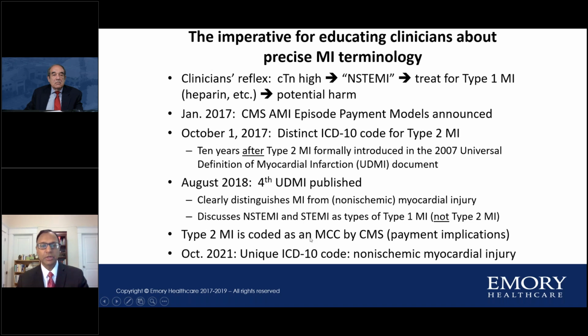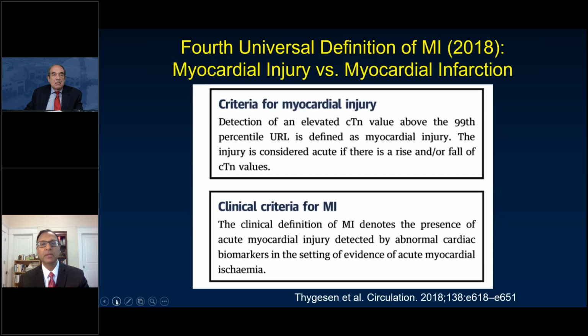Type 2 MI is coded also now as a major comorbidity and complication by CMS, which has payment implications. And then in October of 2021, there is a unique ICD-10 code for non-ischemic myocardial injury as well. And so it really behooves us from both a clinical practice and a coding and documentation and payment standpoint to be able to distinguish type 1 MI, type 2 MI, and non-ischemic myocardial injury.